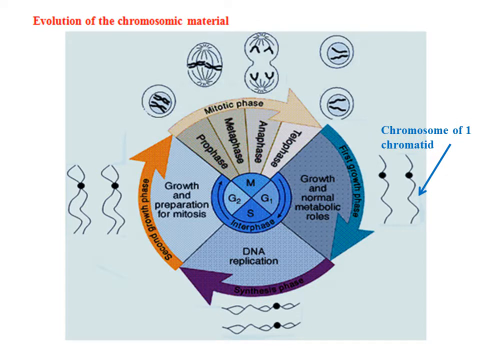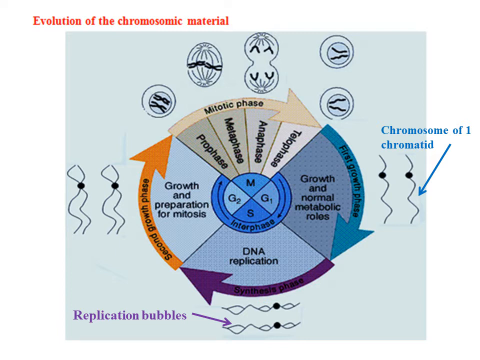During the G1 phase, which is the beginning of interphase, the chromosome consists of one chromatid. Then it is followed by the S phase, the synthesis phase, in which the DNA starts to replicate and replication bubbles appear.